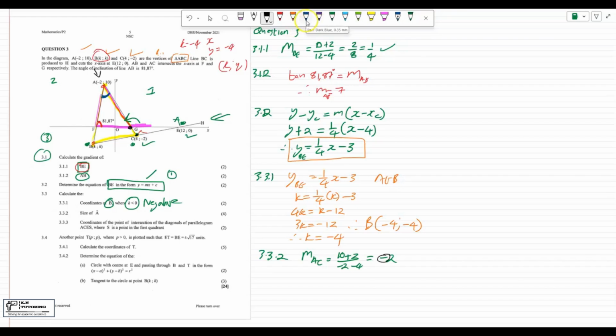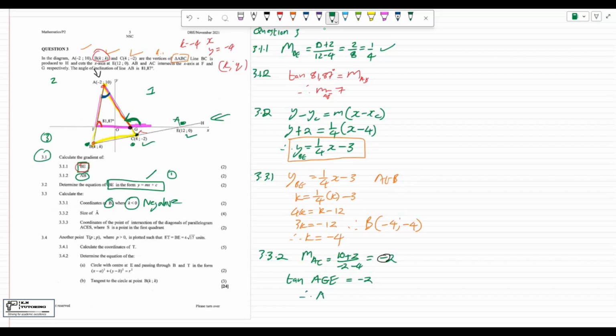Now that I found the gradient, which is negative 2, I can say the tan of angle AGE, it's this angle, is equal to negative 2. When I punch this on a calculator, it must be an angle that is greater than 90 degrees.